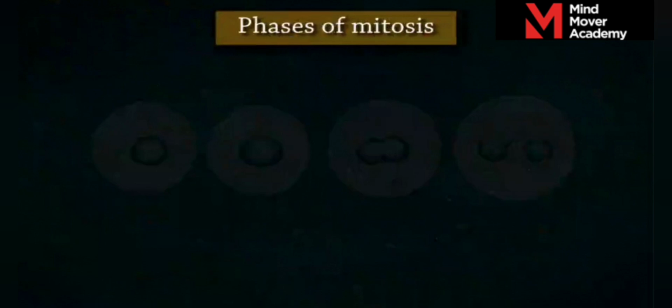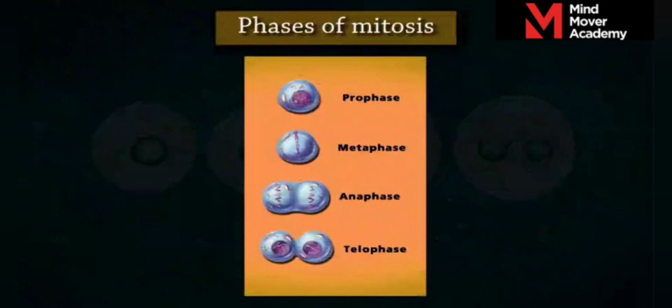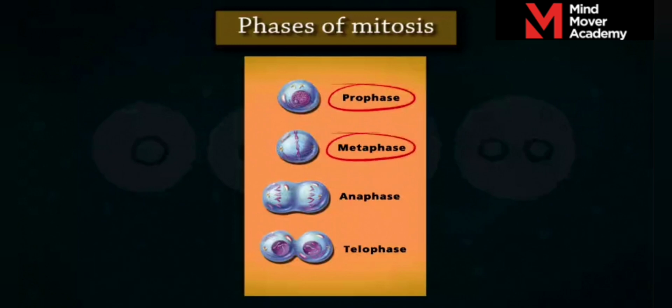Phases of mitosis. Mitosis occurs in 4 phases, namely 1. Prophase, 2. Metaphase, 3. Anaphase, 4. Telophase.